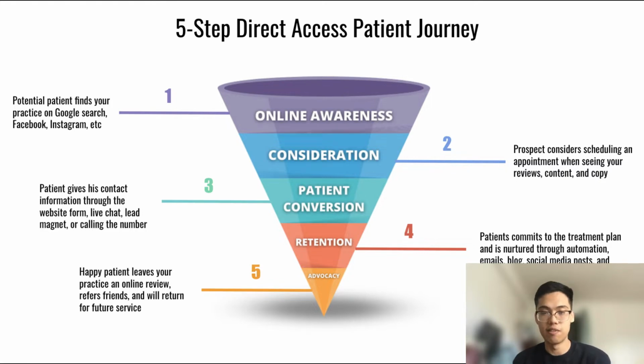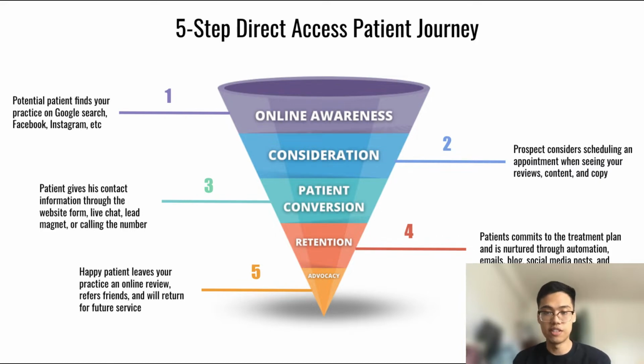So before they even do business or they even get service from your practice, they need to first know that you exist. So first, they know you exist, and then the next step is consideration, which they're going to have a bunch of different options to go to, right? For their pain and injury, they can go to like a chiro, they can go to other physical therapists, they can get surgery for it.